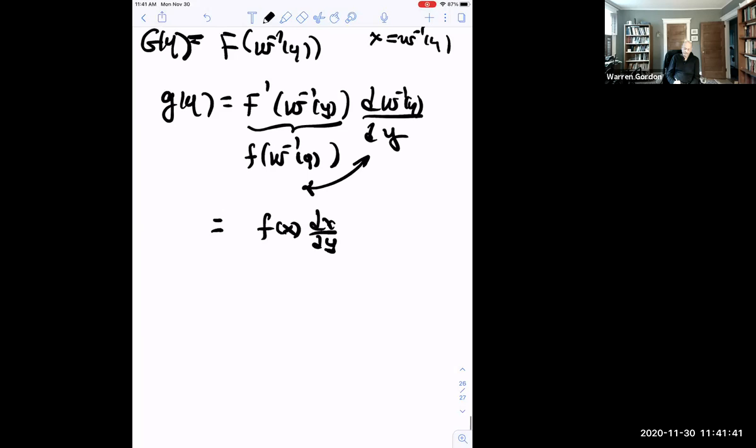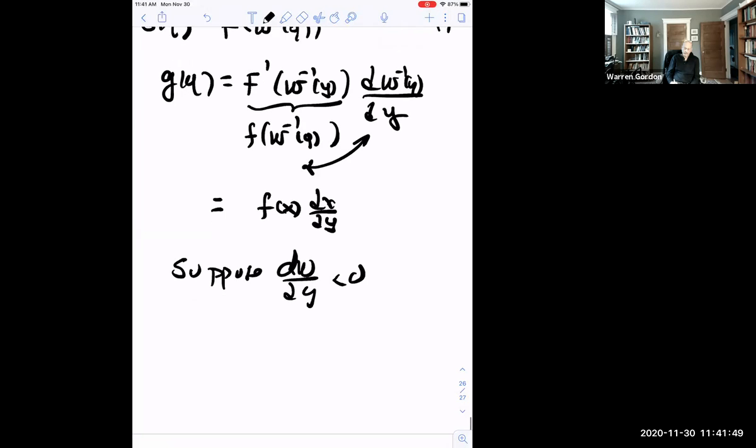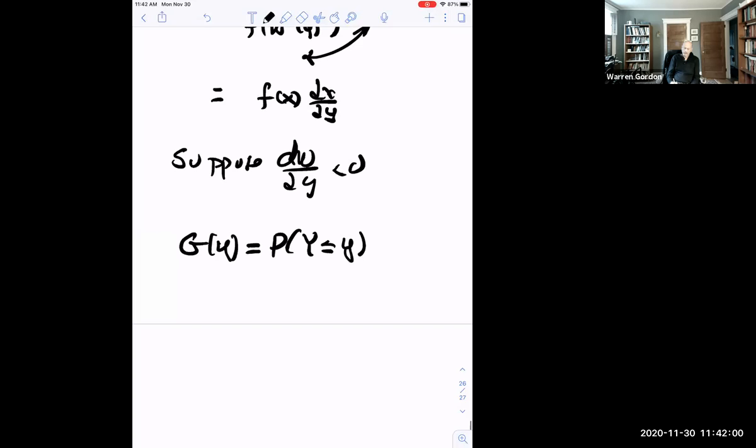On the other hand, now suppose the derivative is always negative. Well, I have the same step as before. But now what happens, if it's always negative, it means when I take the inverse function here and I solve for x, the inequality changes direction.